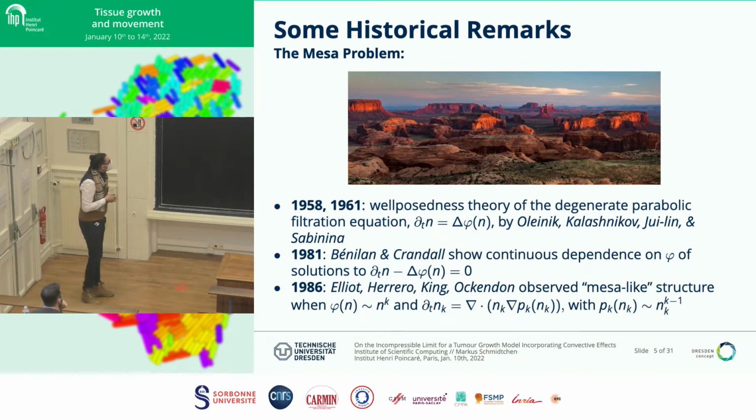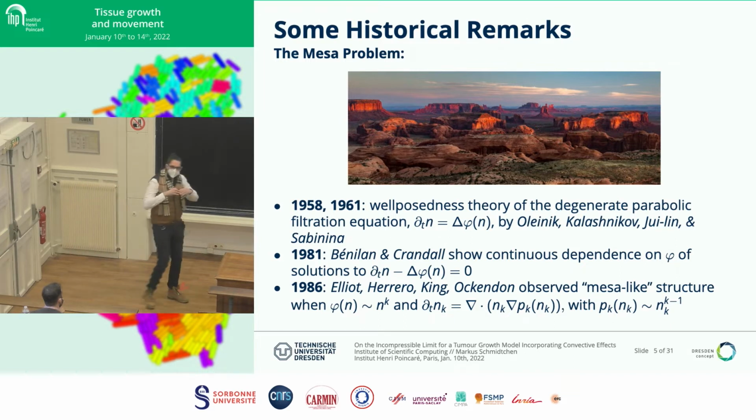And so if you choose a power law, so if the phi behaves like a power law, then, in the 1980s, there's this British group that observed, by using formal asymptotic expansions, that as k gets very, very large, your density distribution actually looks like something that is flat.